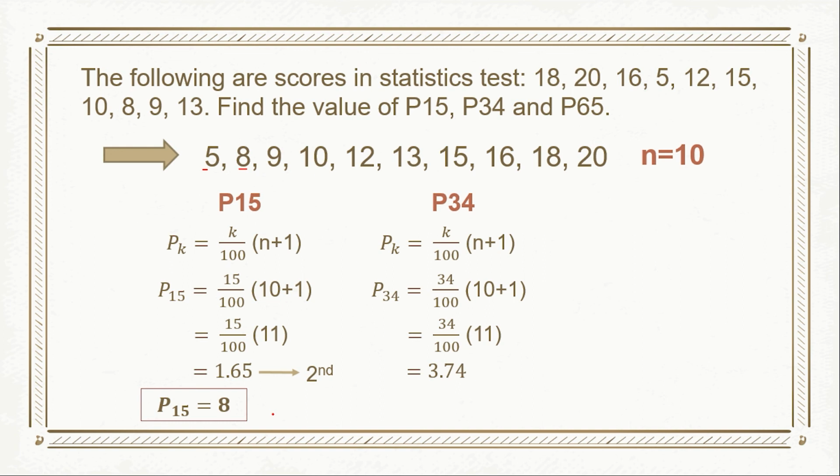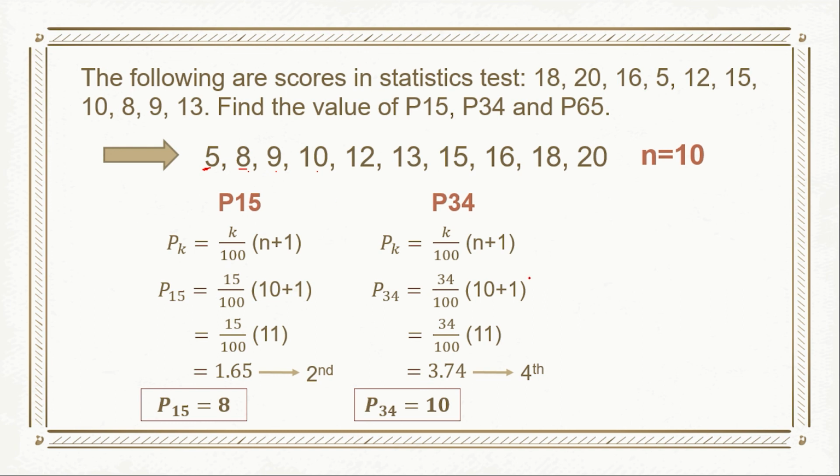Therefore, we need to round up. So, 3.74, we will get 4. And ang kailangan nating i-locate is yung pang 4th. So, bilang tayo ng hanggang 4th. So, we have 1, 2, 3, and 4. So therefore, the value of P34 or the percentile 34 is equal to 10. So it means that 34% of the student has a score of less than or equal to 10.